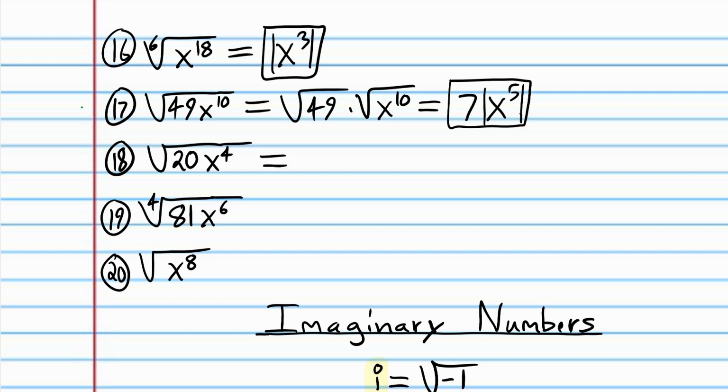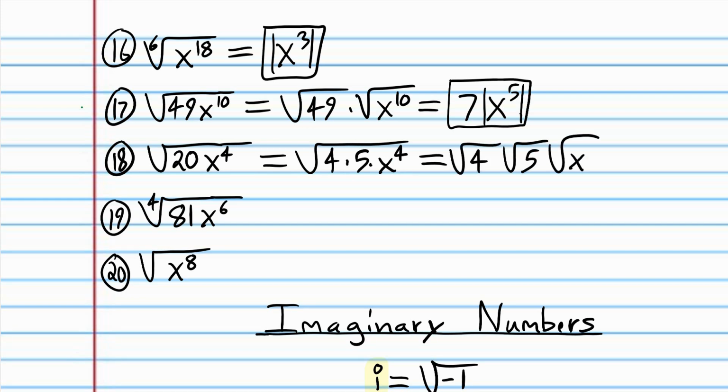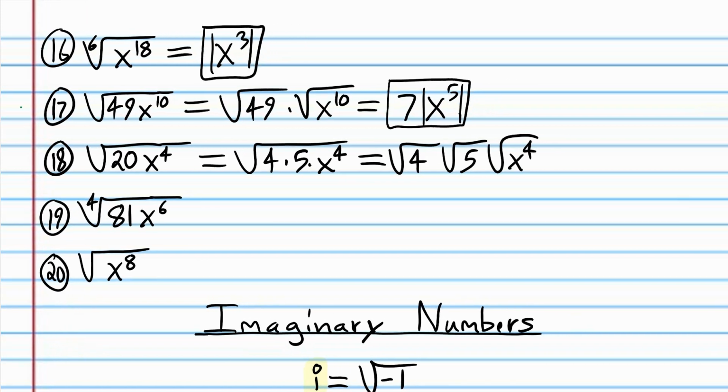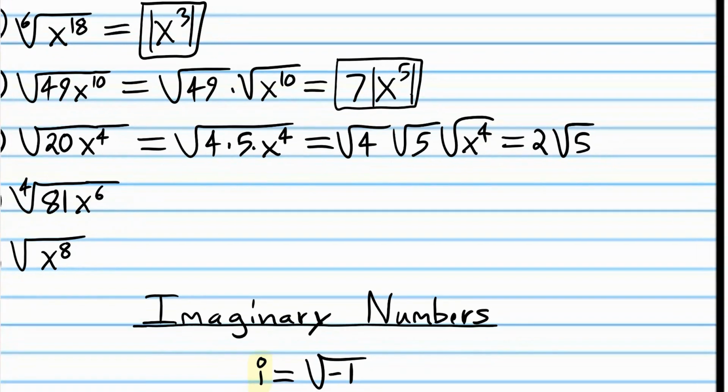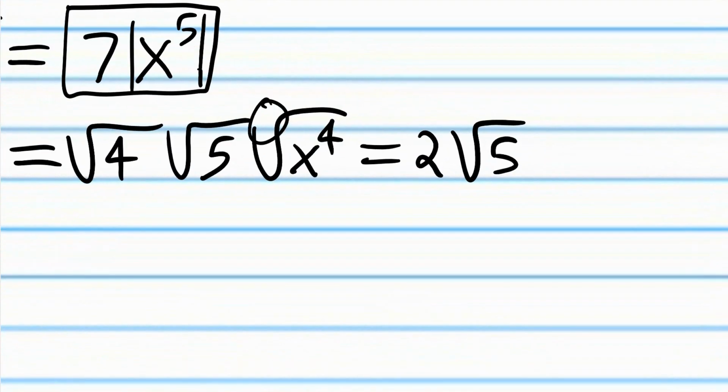All right, we're back. So we're going to factor to 4 times 5, and x to the 4th is already a perfect square. And we're going to separate, and the square root of 4 is equal to 2. The square root of 5, you can't do anything with that. And this is an even index, so we have to worry about absolute value symbols.